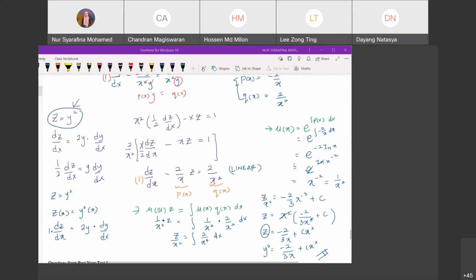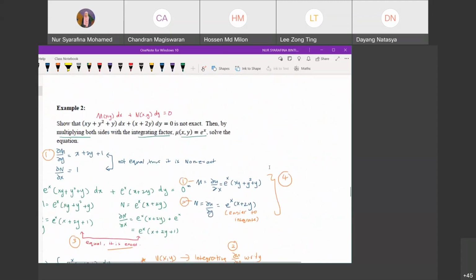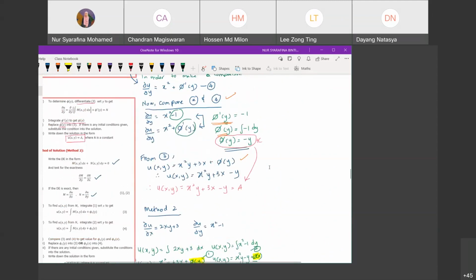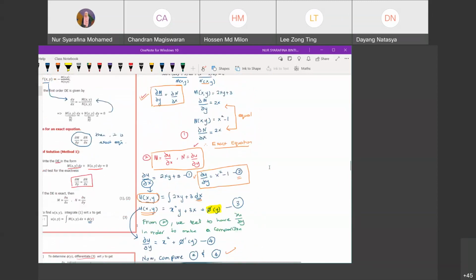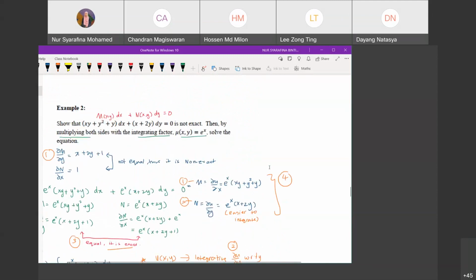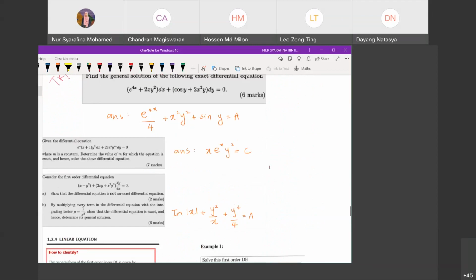All right, so that's it for today. We have done exact equations, and how to find the solution of non-exact by reducing to exact first. Same with linear. Understand how to identify whether a function is exact or non-exact, linear or non-linear.